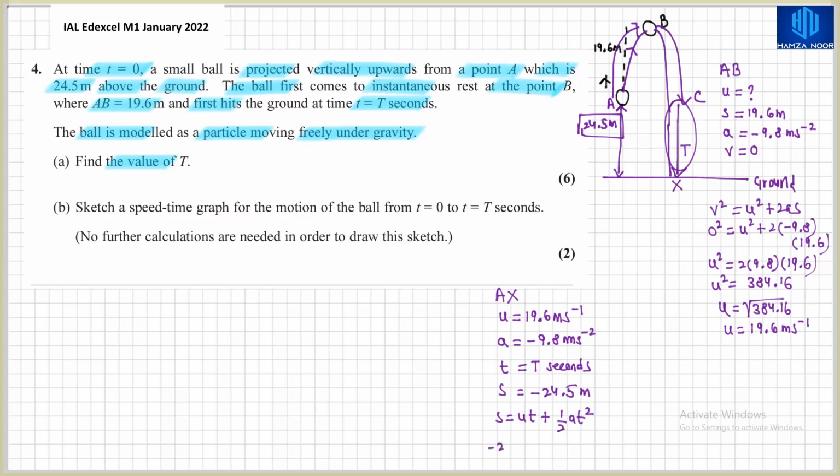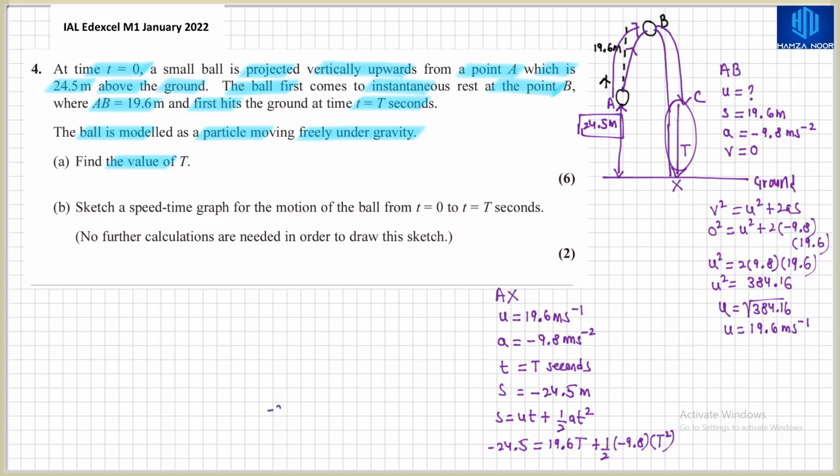So minus 24.5 is equal to 19.6 times capital T plus half into minus 9.8 multiplied by capital T square. Therefore we are going to solve this quadratic equation.